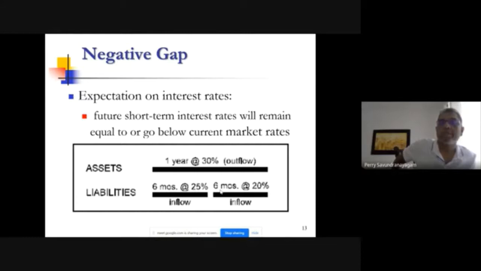So it's up to Treasury to make sure those funding sources are there and to optimize profit by making sure that it's less than the rate that had been agreed with the business line, or whatever the transfer pricing rate is. The risk also here is whether or not you can raise funds at 30% for 1 year.